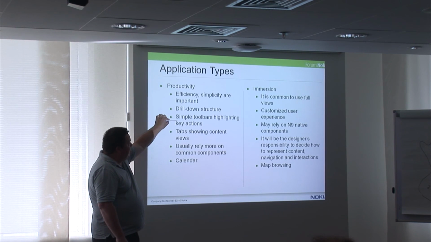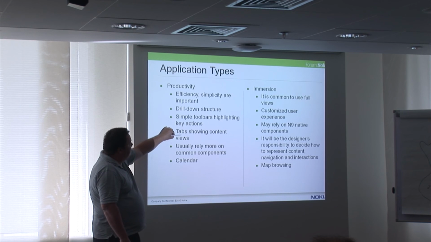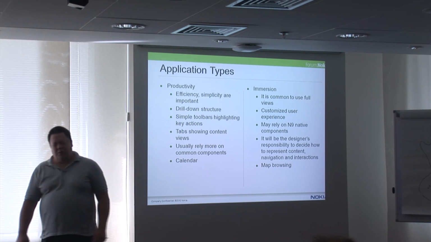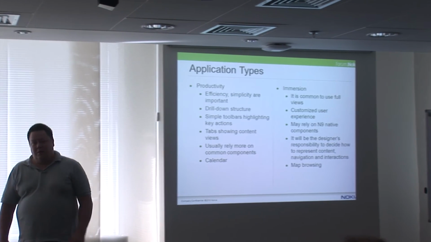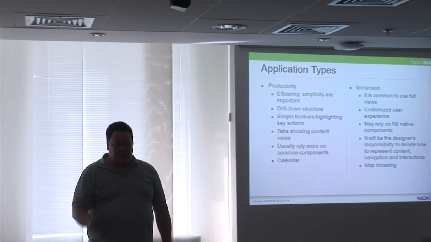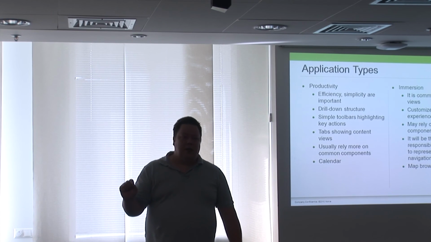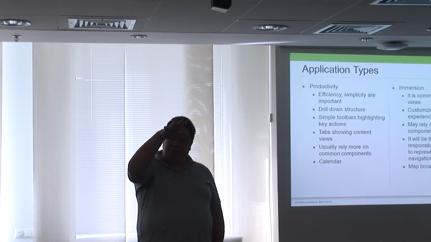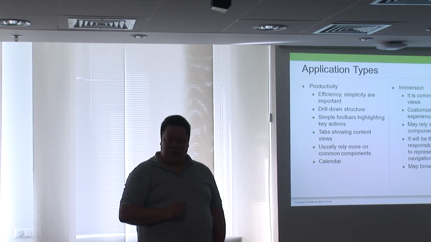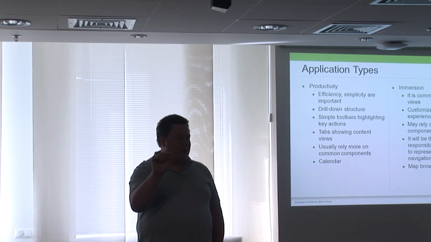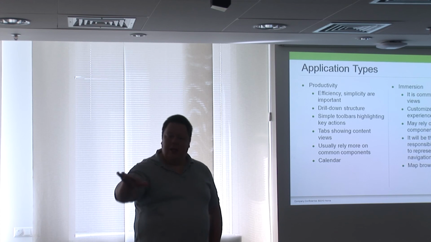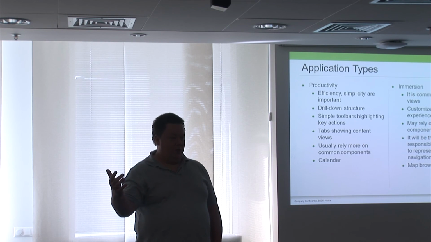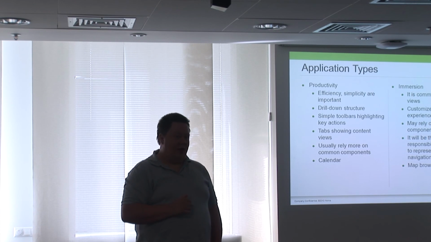Toolbar is there actually in the same place where you have the tabs, and then often drill down structure. So first the user selects the most important view using the tabs, for example. Then there is a list of items, for example, and when one item is selected, you drill down, you go into the deeper view, and then the user can navigate back.